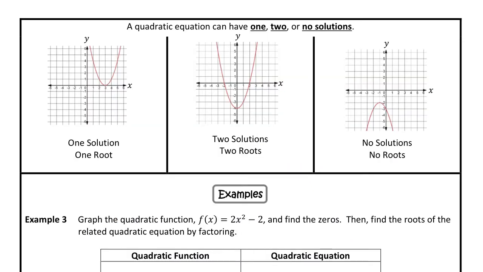So let's go to the next example. It's going to be example 3, but there's one more thing I wanted to discuss. A quadratic equation can have 1, 2, or no solutions. So let me put some arrows here. Okay, so these are all quadratic graphs, and we've dealt with these before.